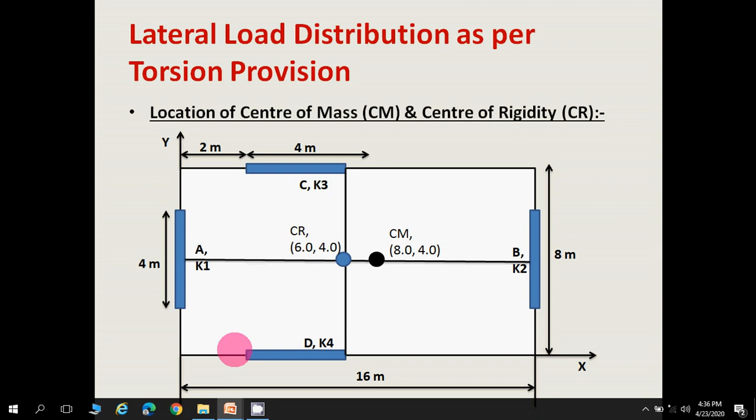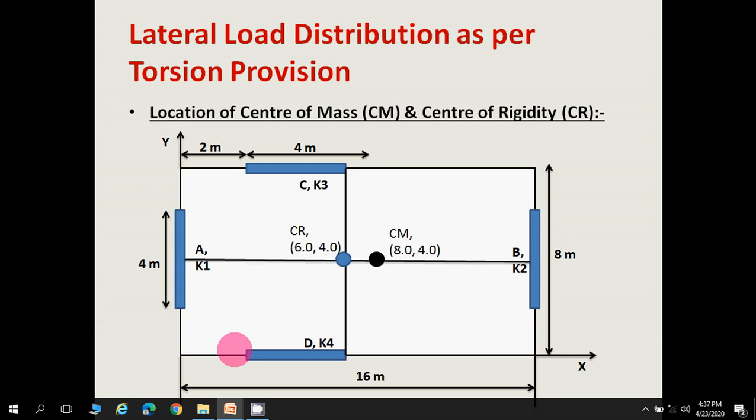The stiffness of a member is given by area times elasticity divided by its length. So if all the properties of the walls are the same, then the stiffness of all the walls is the same: K1 equal to K2 equal to K3 equal to K4, which is K. All the stiffnesses are the same, and we already found the center of rigidity of this floor plan to be 6.0 and 4.0.